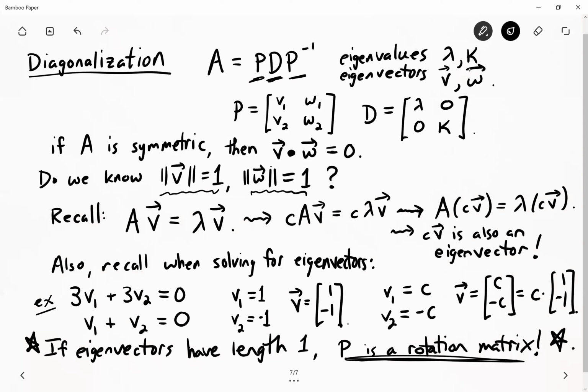So what we'd like to do now is maybe do an example. We'll diagonalize some symmetric matrices, and then we'll figure out what rotation matrix we get from the eigenvector part of the diagonalization. That is quite the sentence. Let's work this out as an example.